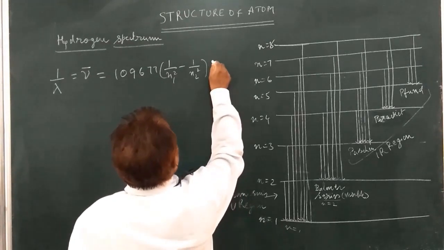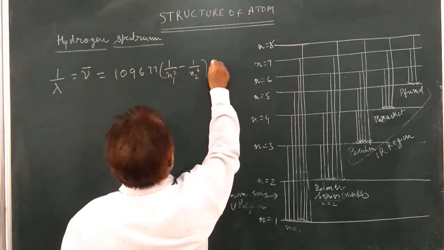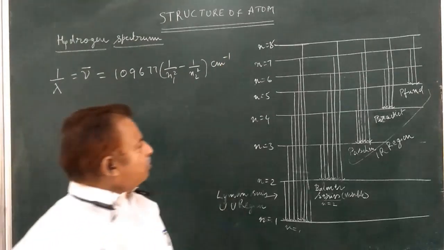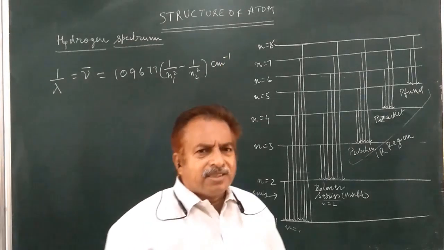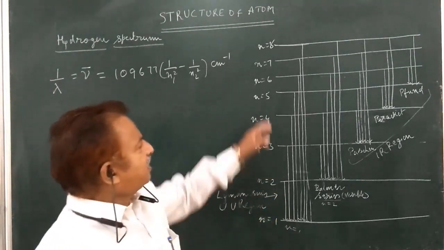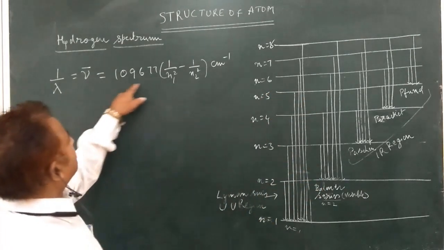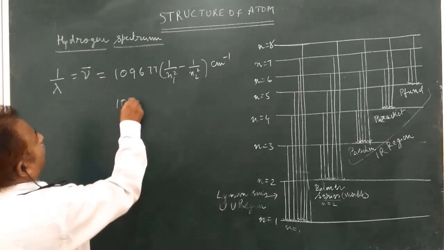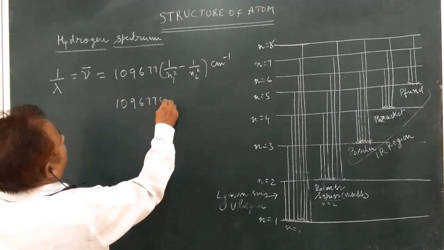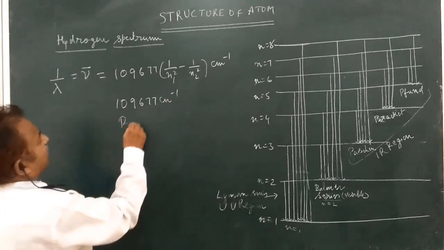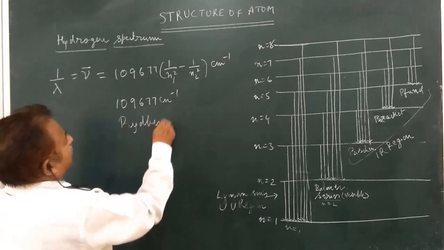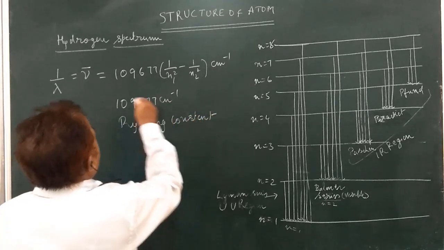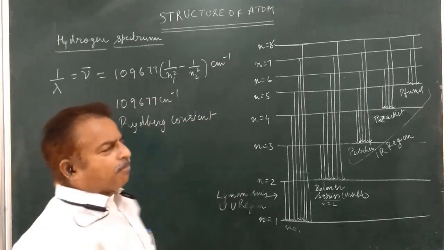So this ν̄ is in centimeter inverse. The wave number of this series is given by this formula, and this constant 109677 centimeter inverse is referred to as the Rydberg constant.